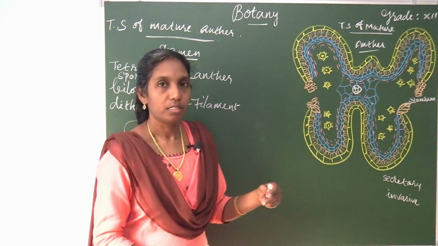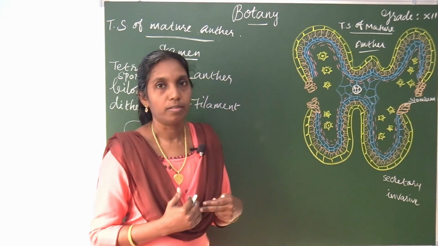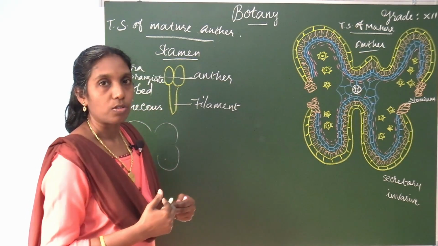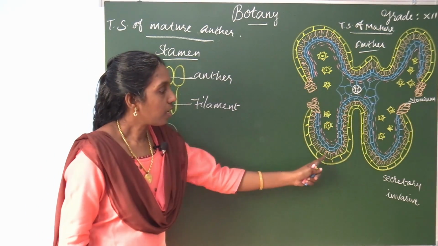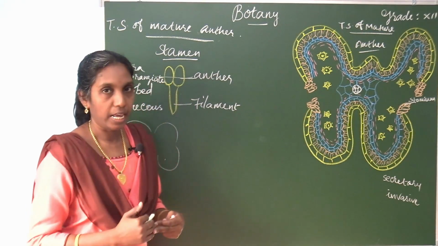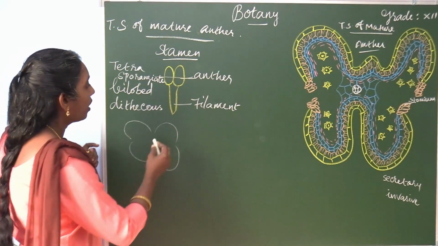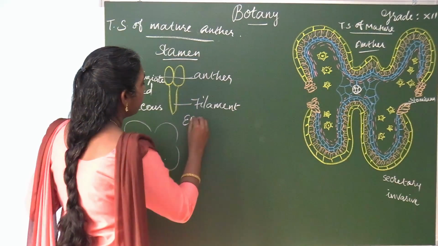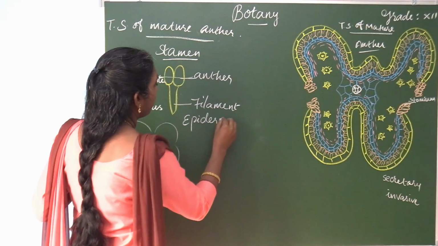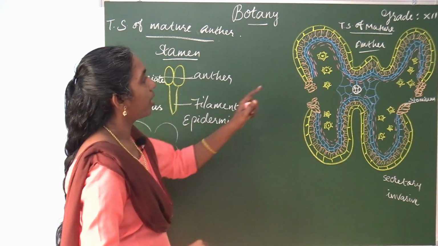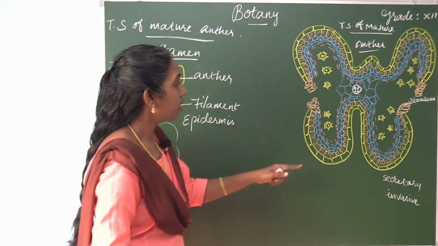Let's learn the anther wall. We discussed it in the earlier class also. The anther wall has a number of wall layers. The outermost layer is known as epidermis.